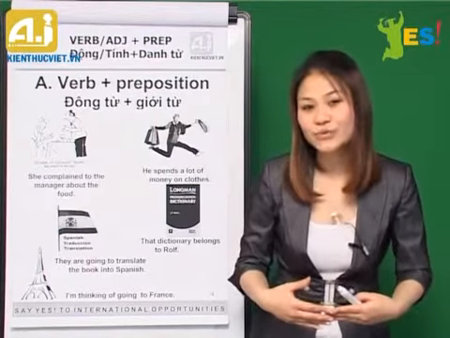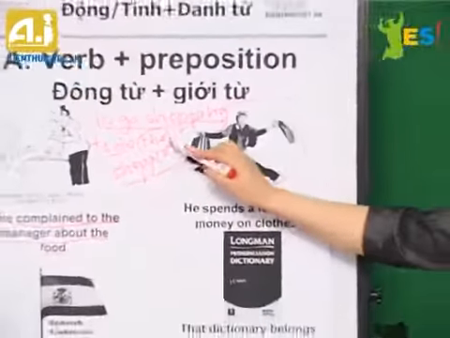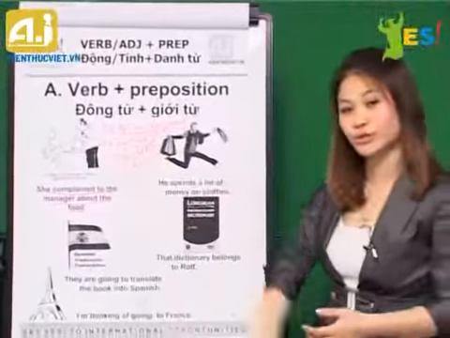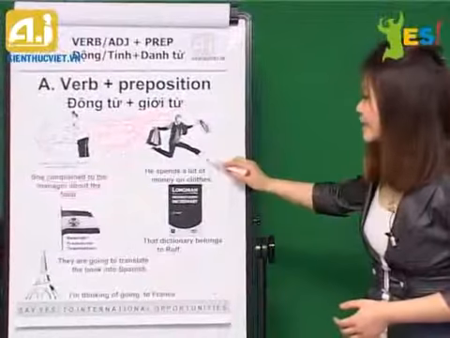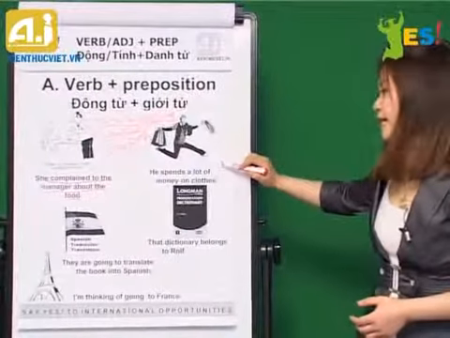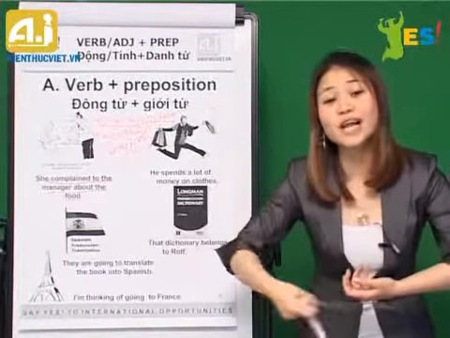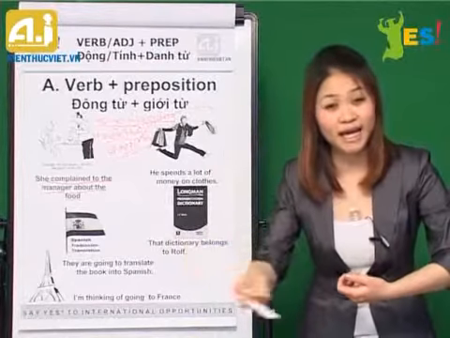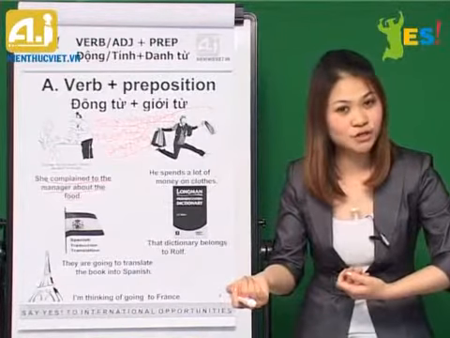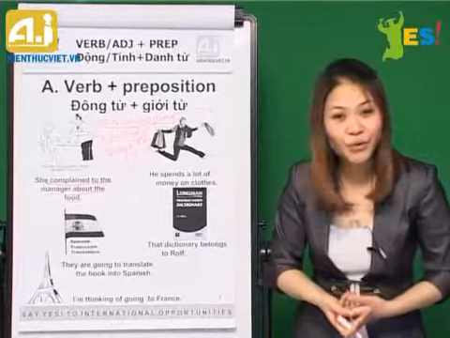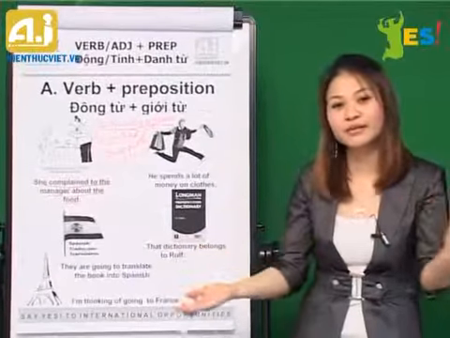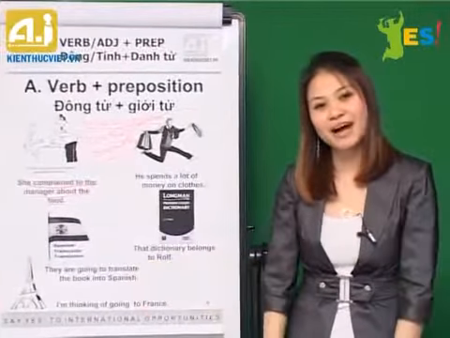So the article 'the' is needed if you want to use 'do'. He spends a lot of money on clothes, meaning he buys a lot of things and pays for the things that he has bought, right? Using your cash or credit cards or whichever methods of payment that you have.